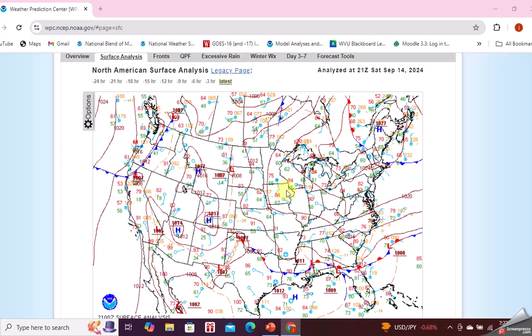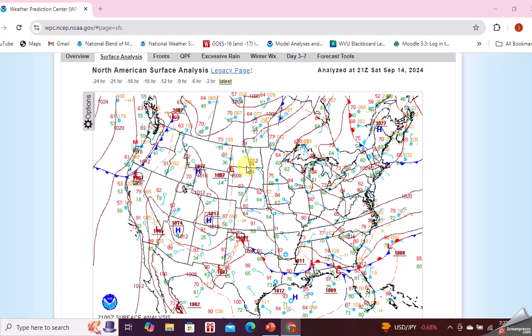Now, if I go around the big high here, they're flowing out away from it. So that means we have winds coming together in a low. They're pushing into each other. They can't go into the ground. So what are they going to do? They're going to rise. That's convergence. When winds push in together, they converge.